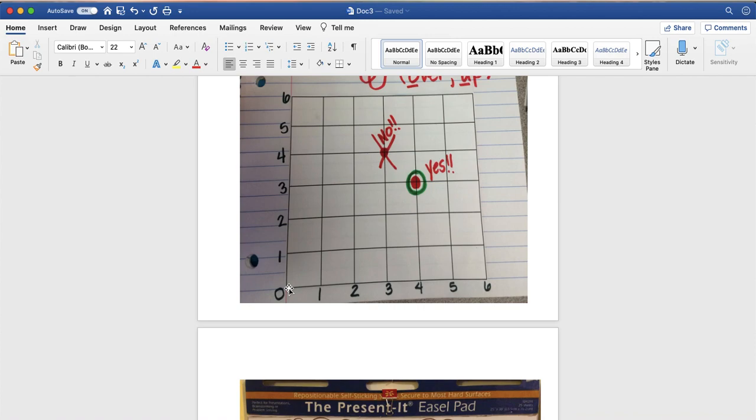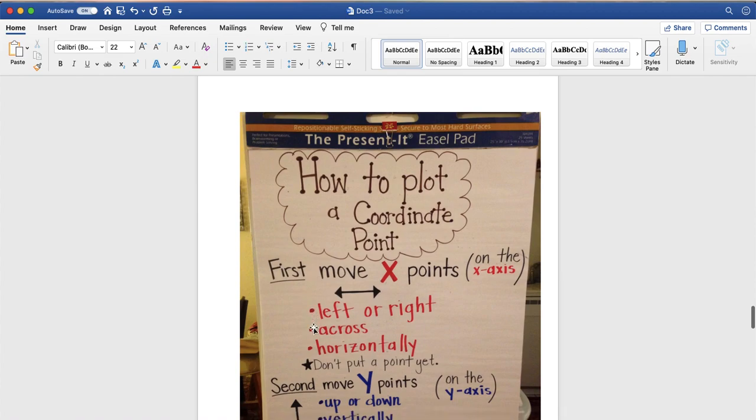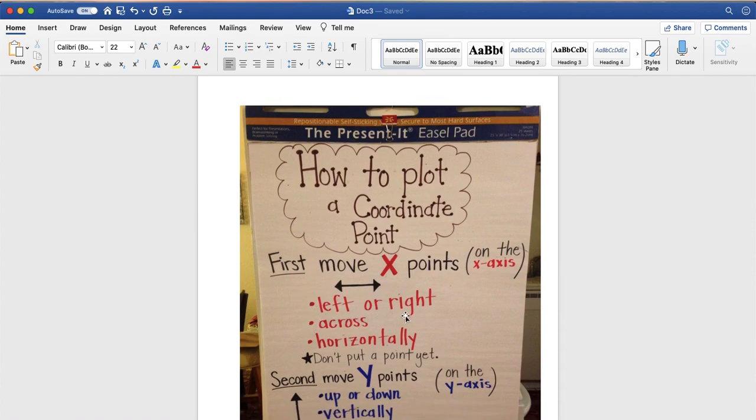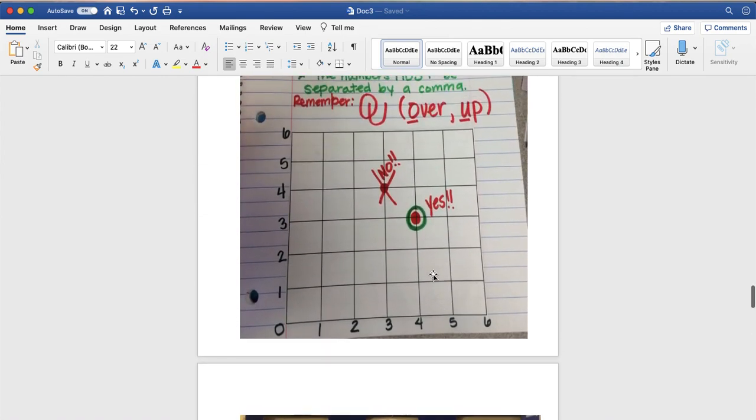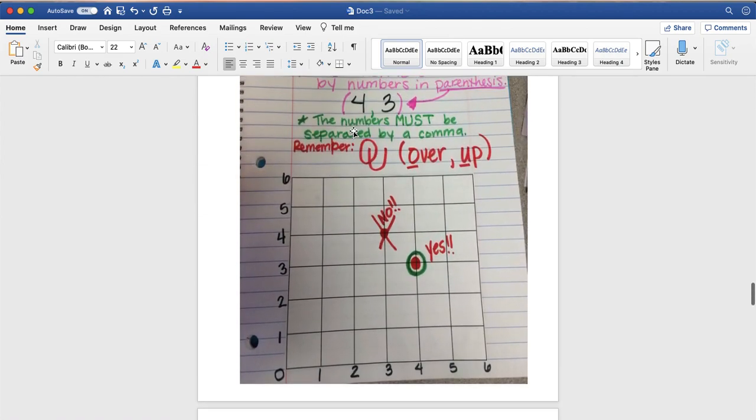Whenever we are plotting different points, we always need to start off here. So remember that we always move side to side, or we have to run first. We can run across, and we don't put a point yet. So do not put a point after you run. For example, over here, I had to run 4 times.